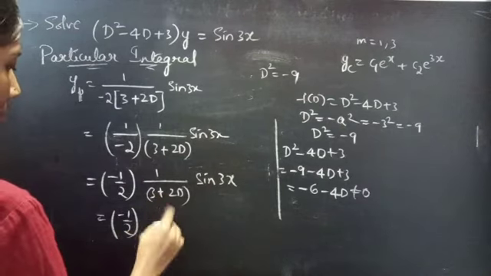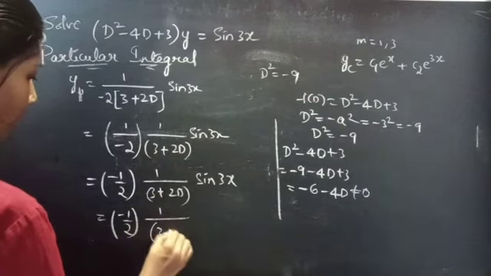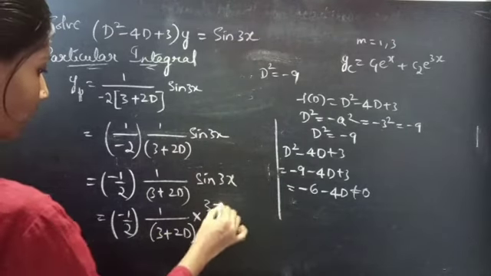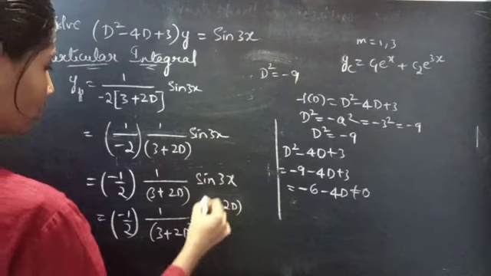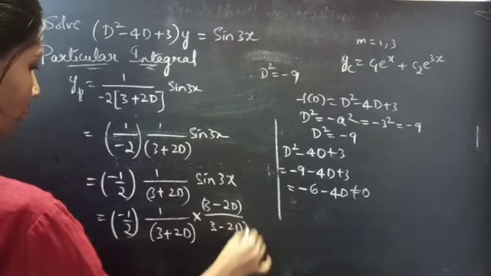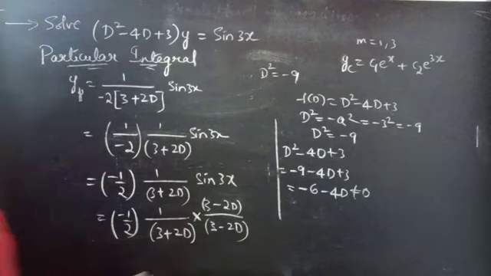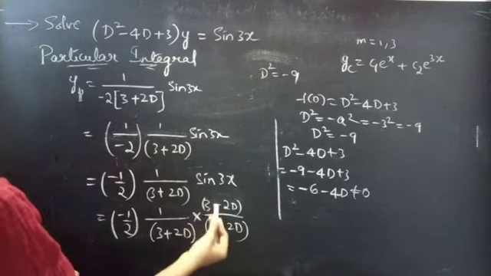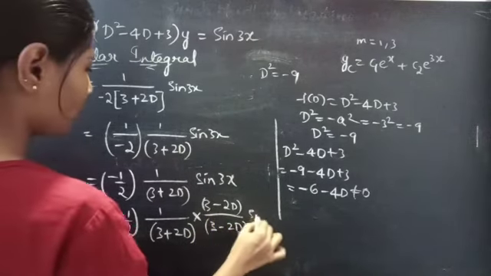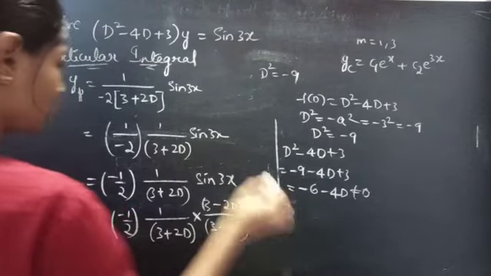Here you're having plus, right? So we'll multiply and divide with 3 minus 2D, simply the conjugate of this. Not conjugate, we don't have any i here. Okay, simply we'll write 3 minus 2D and multiply and divide with 3 minus 2D into sine 3x.